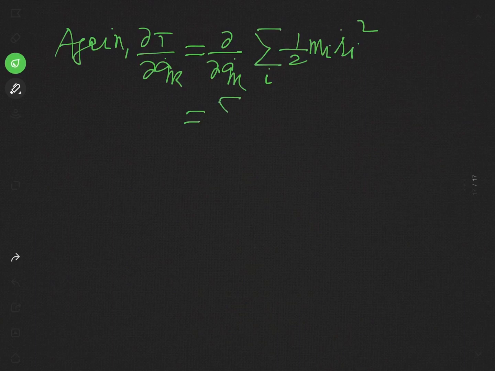And see, as you have differentiated above, the same rule will be followed. Half mi is a constant factor, and now we will differentiate Ri dot square with respect to Qk dot.